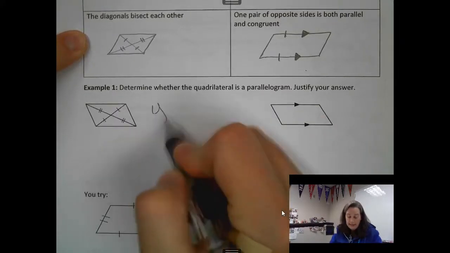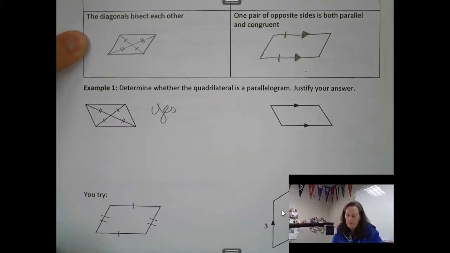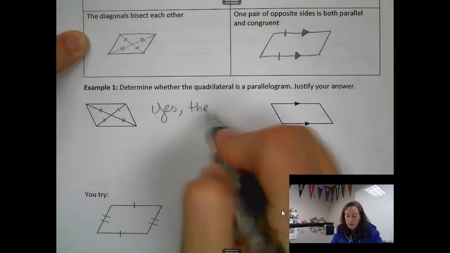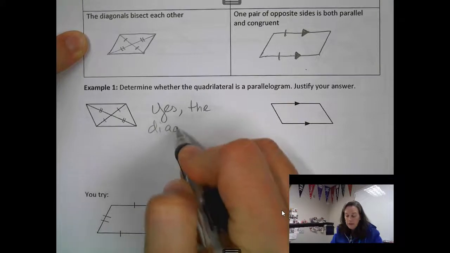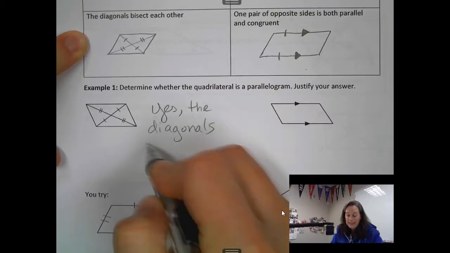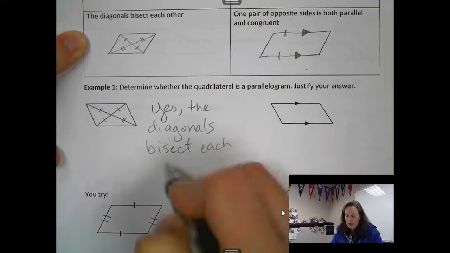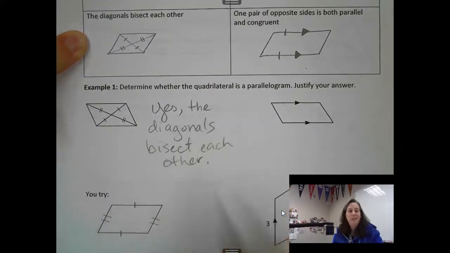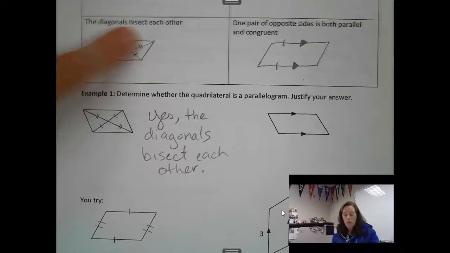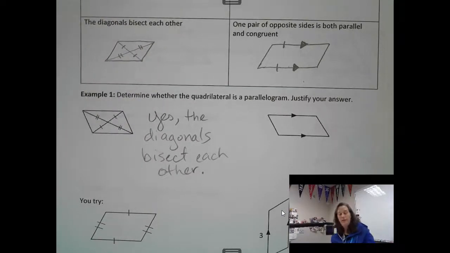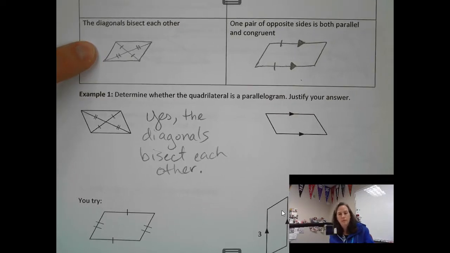That means, yes, it is a parallelogram, and it says justify. So we'll say the diagonals bisect each other. Okay, so you really just need to use the rule or the words that we put in that little box. That is our justification. It fit that rule right there.